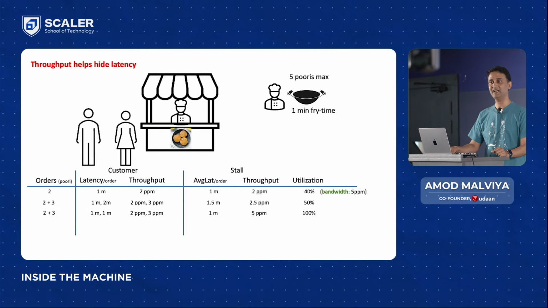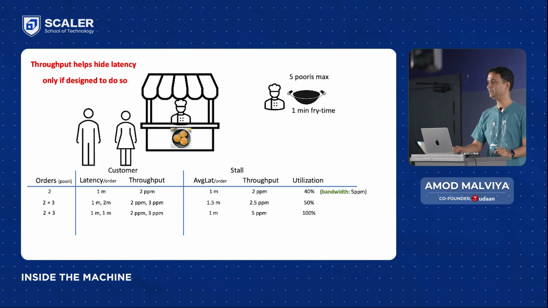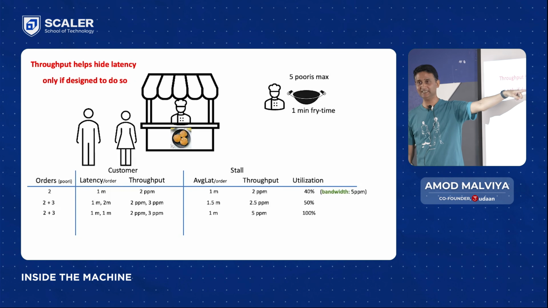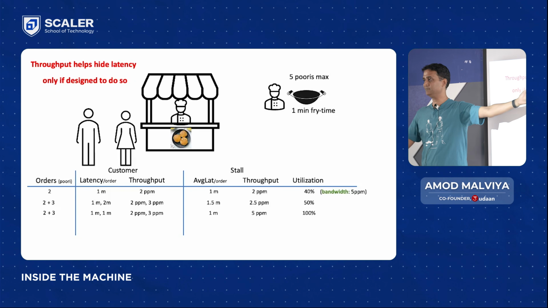Throughput helps hide latency. Okay? But only if you've designed it so. Very important lesson here. All right? Remember that throughput, we didn't change the kadai, did we? Kadai is the same.